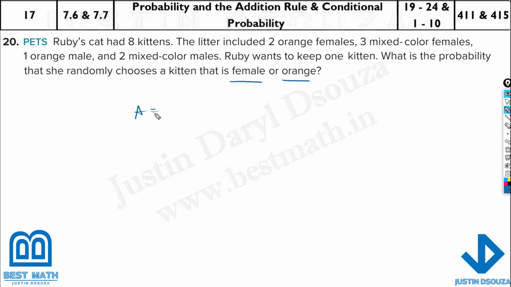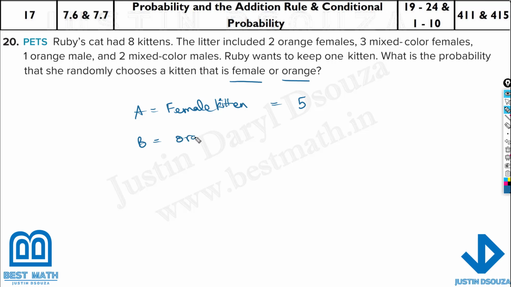Probability of A, where A is female kittens, is equal to, how many female kittens are there? So 2 orange females and 3 mixed color females, it's a total of 5. It's not about the color, it's only about females. These are all males. Over here there are 5 females.